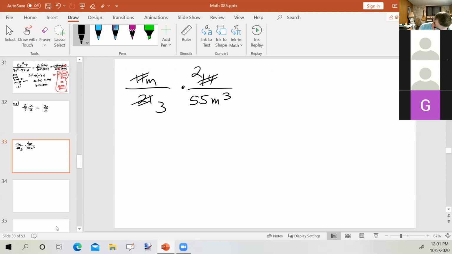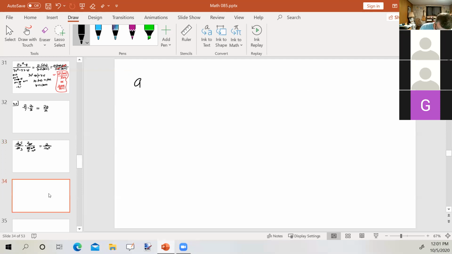The 11 over the 55 is 1/5. And m over m cubed is 1 over m squared. So I have 1 times 1 times 2 over 3 times 5 times m squared. Lovely. You okay with that? Yeah. All right.